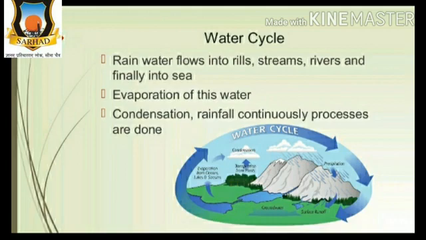This is known as the water cycle in nature. See, what is meant by water cycle? The processes of evaporation, condensation, and rainfall go on in a continuous cycle. This is called the water cycle in nature.